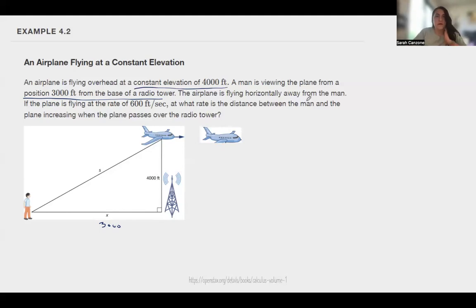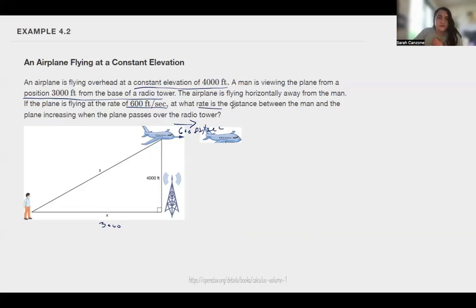The airplane is flying horizontally away from the man, so this direction. If the plane is flying at a rate of 600 feet per second, typically the way that I'll represent that in a drawing is I will put an arrow and then I'll write the units next to it. So I'll say 600 feet per second because arrows represent rates.